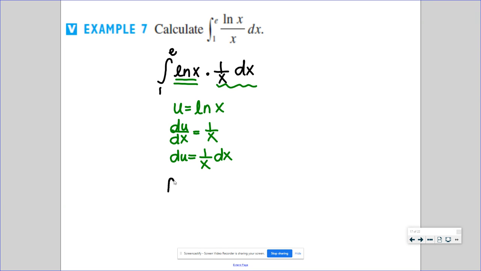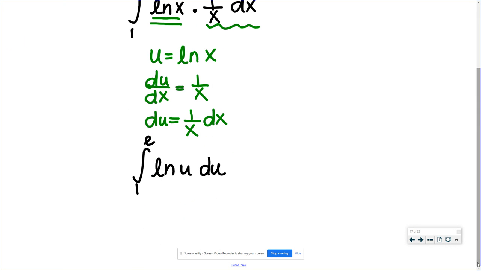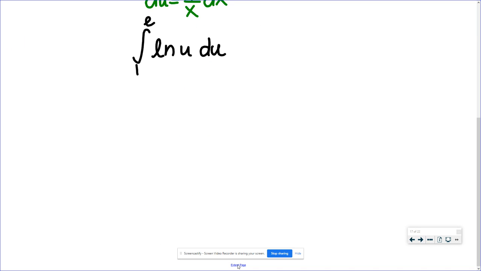Okay? So this is from 1 to e. This would be u du. Okay, so far so good. Let's keep going with the antiderivative. Actually, not ln u, goodness. Just u, not ln u.